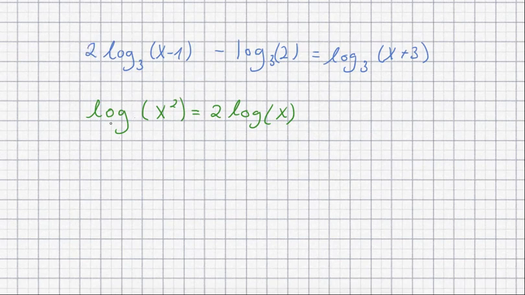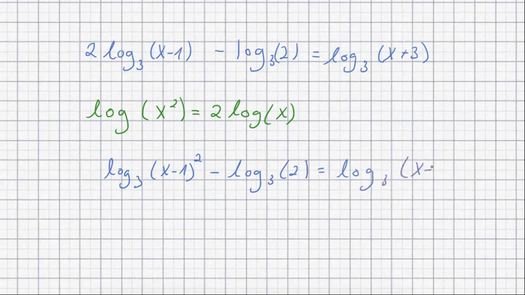So I will write it again: log base 3 of x minus 1 by the power of 2. Okay, and why did I want to do that? That's a good question. Let me show you.